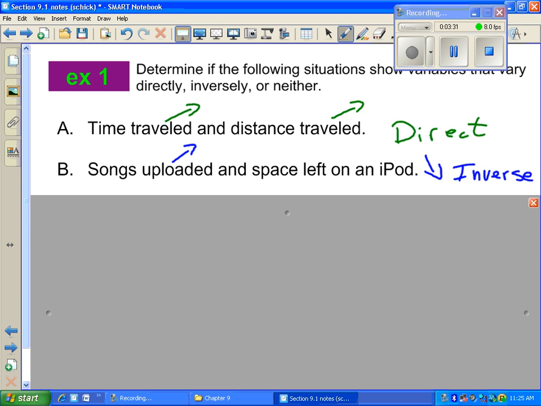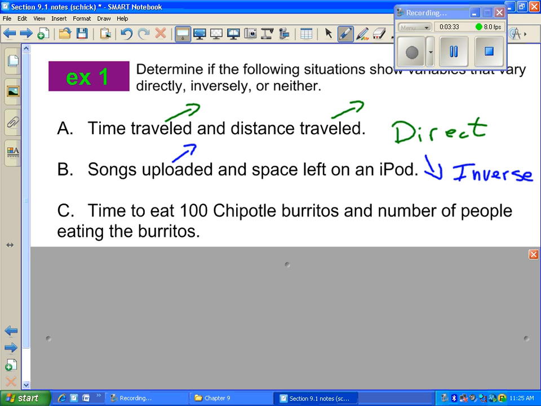Okay, let's look at letter C. Time to eat 100 Chipotle burritos and the number of people eating Chipotle burritos. Well, as the time increases, the number of people decreases.